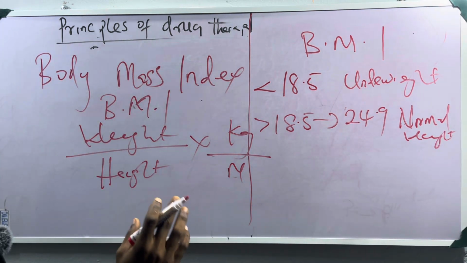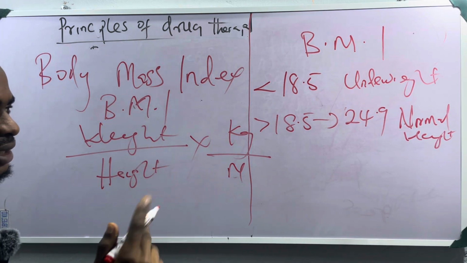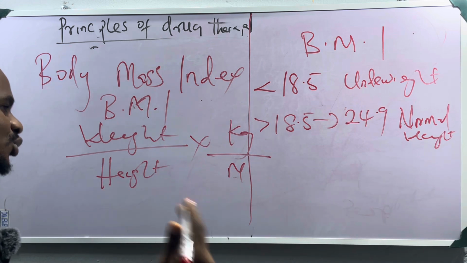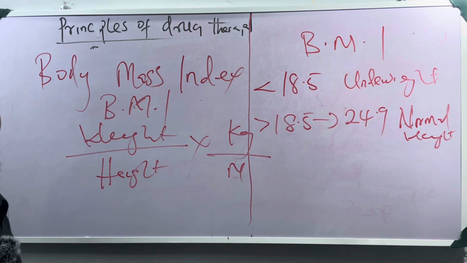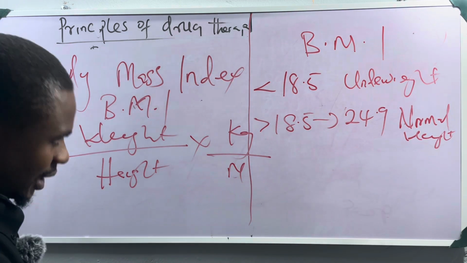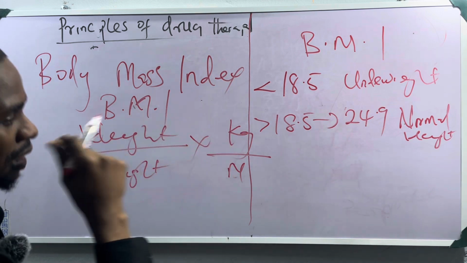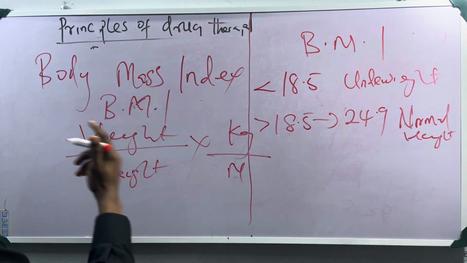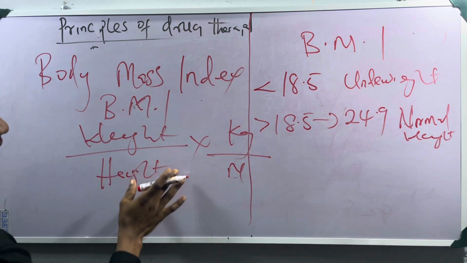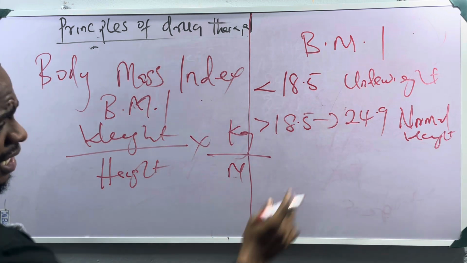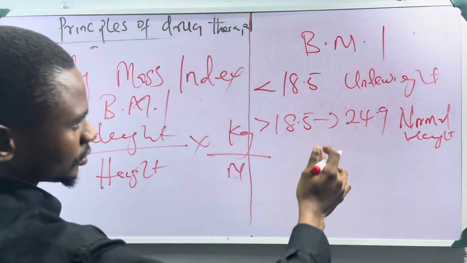Well, there is a normal weight that they use in terms of kg for newborns. That one is called birth weight. That one is aside from this. When you want to check a normal weight for an adult, this is how you do it. You check the weight of the person and the height. Then you divide it. If it falls within this range, it is normal.